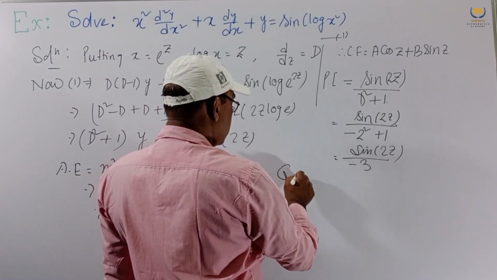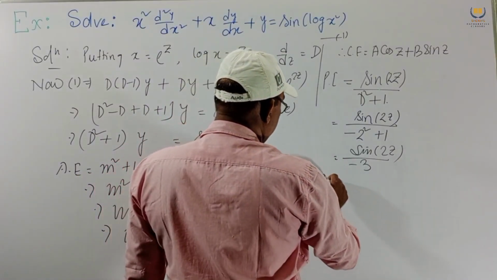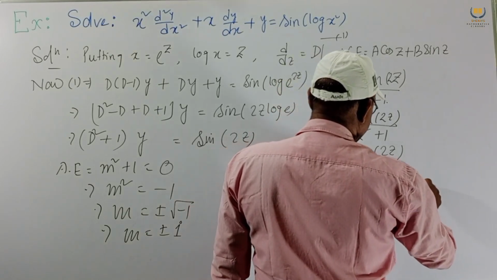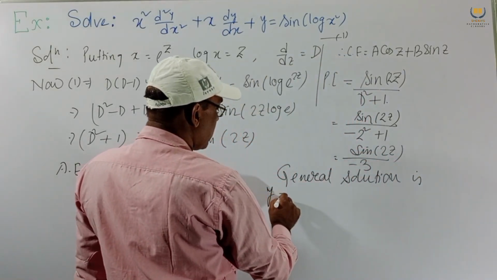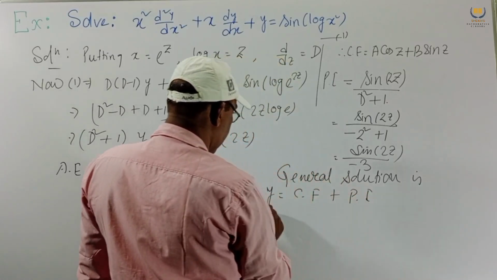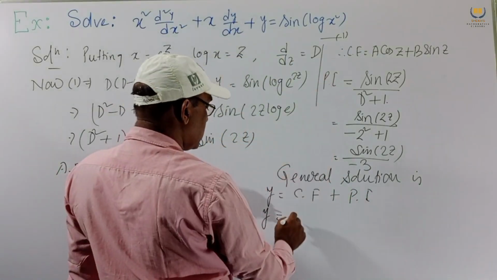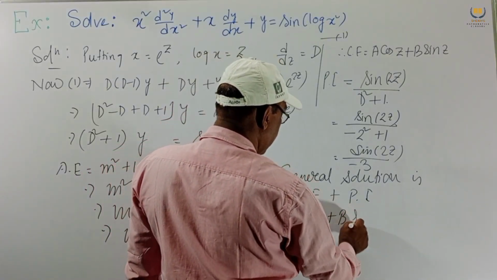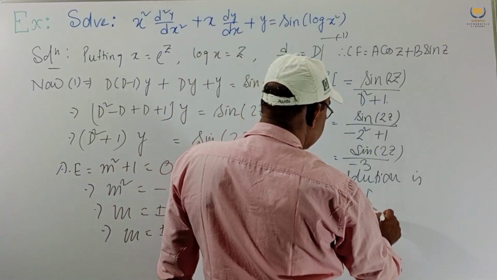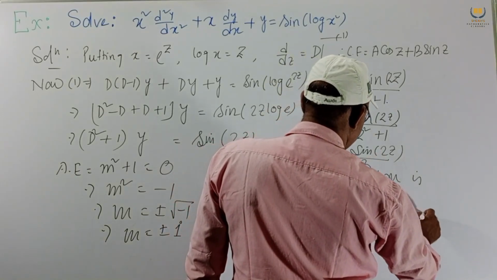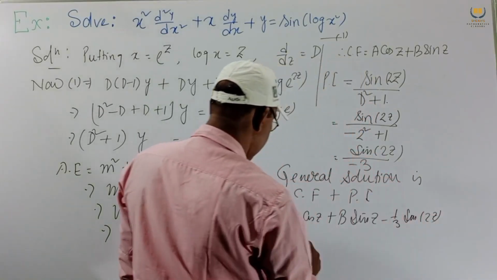The general solution is y equal to CF plus PI. CF means A cos z, B sin z, and PI means minus 1 by 3 sin 2z.